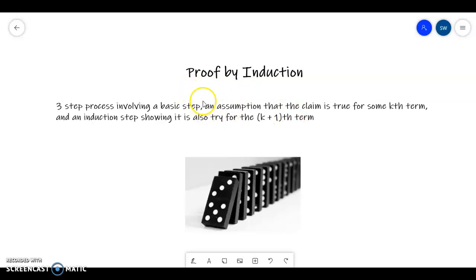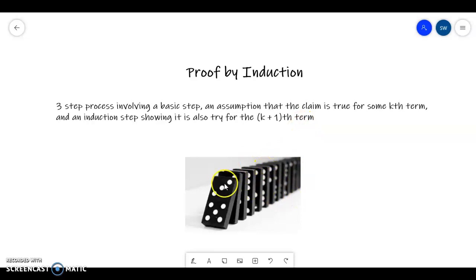And then you have an assumption where you say, okay, I'm going to assume that this claim is true for some kth term. And then the last step is the induction step, where you show that if the kth term is true, then using some algebra and the claim from the previous step, you show that it's also true for the k plus 1th term.